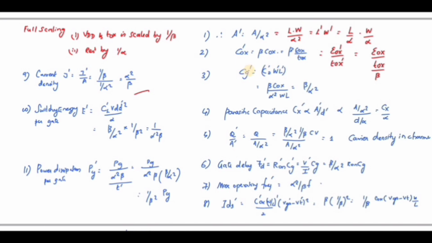Next, gate capacitance. I can write the gate capacitance as Cox bar W bar L bar.